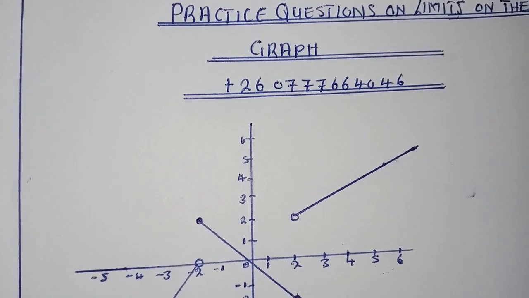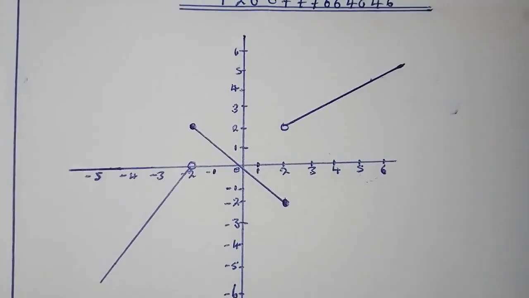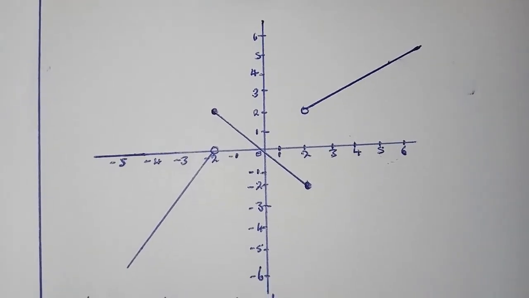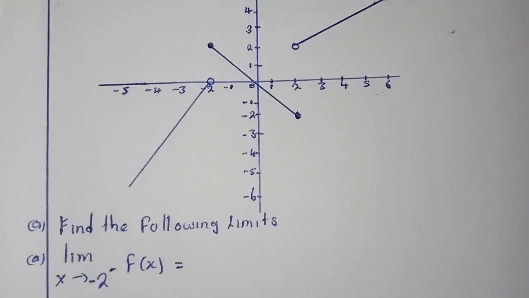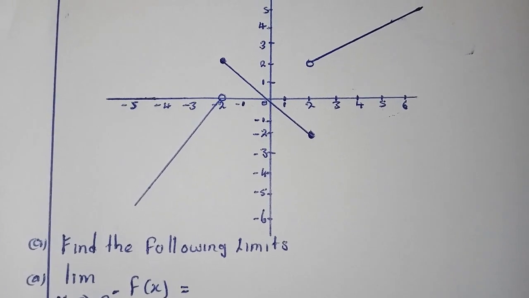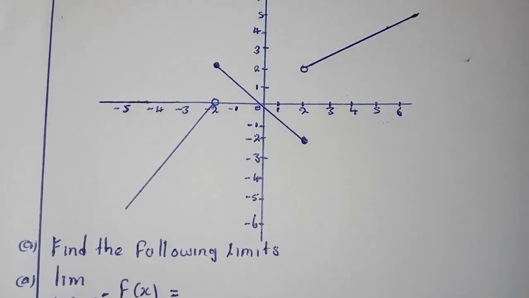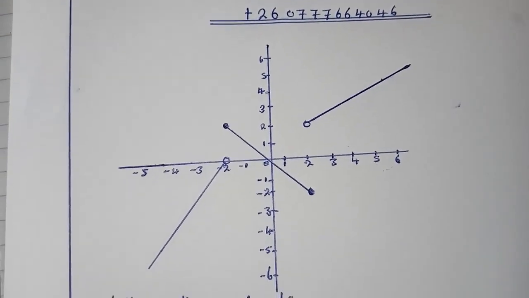And of course, we have been given a graph and we're asked to simply calculate the limits on the graph. So this is calculus, and it's very simple. If you went through my first video, you'll be able to find this topic very simple and interesting.